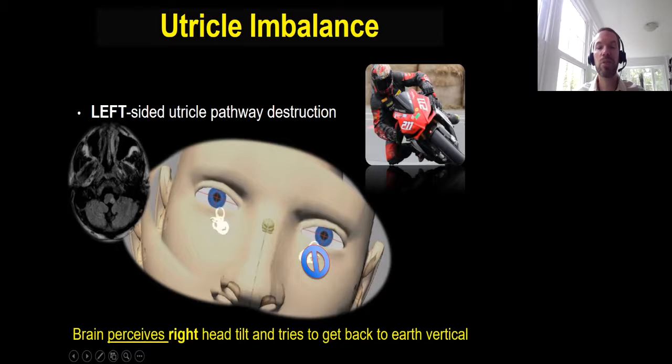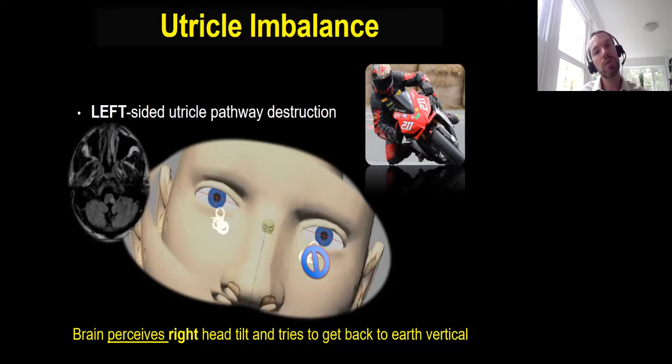for this perceived right head tilt, the patient will tilt their head in the opposite direction to try to compensate, like this gentleman. But this gentleman is using his physiologic ocular tilt reaction to get back to gravitational vertical. This patient, who has a pathologic ocular tilt reaction, thinks that they started to the right when in fact they started here.